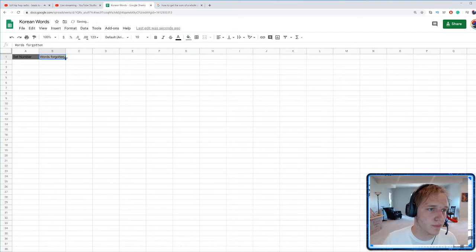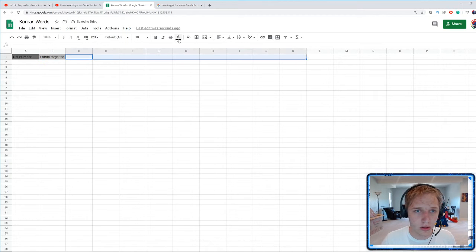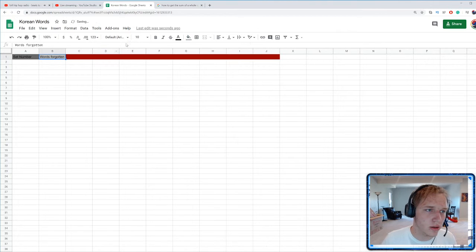Let's do this word. Oh, I'm changing the wrong thing. So I'll probably do that. Now that I think about it, I'm going to do a dark color. Change the text to that.